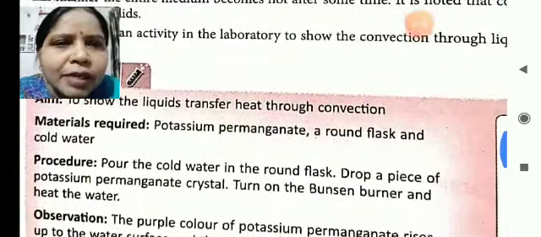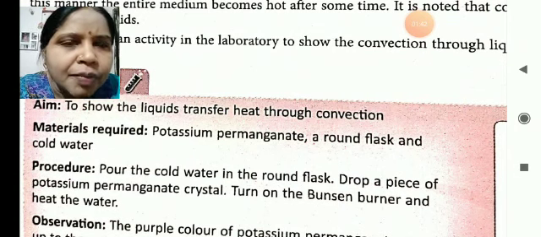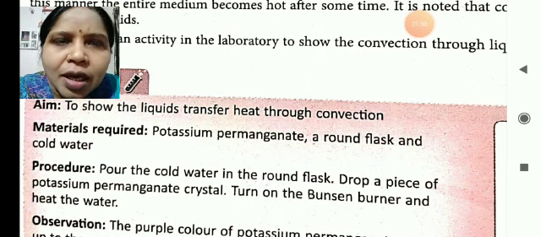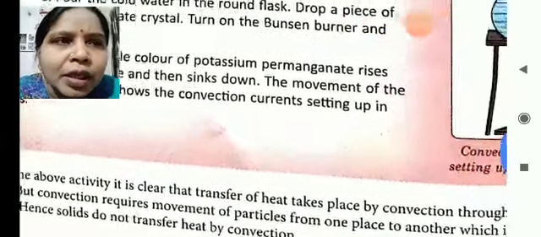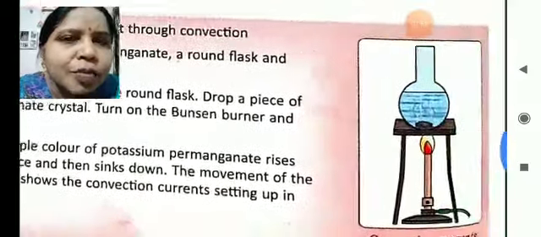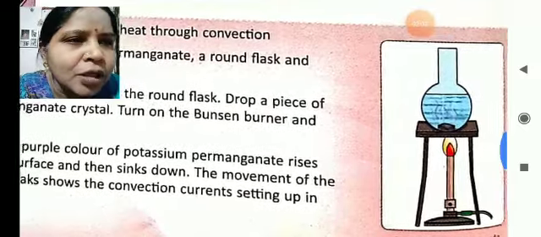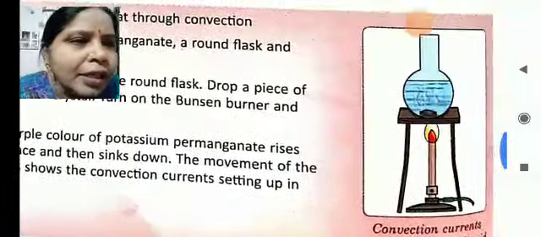One activity is here to show the liquid transfer of heat through convection. Materials required are potassium permanganate, a round flask, and cold water. Pour the cold water in the round flask, drop a piece of potassium permanganate crystal in the water and turn on the burner.